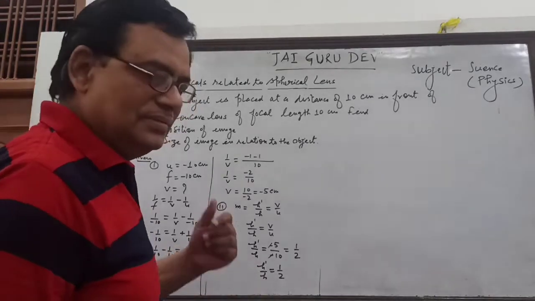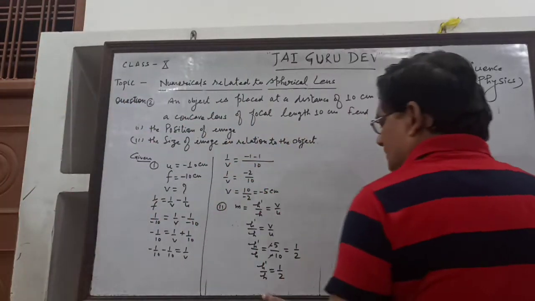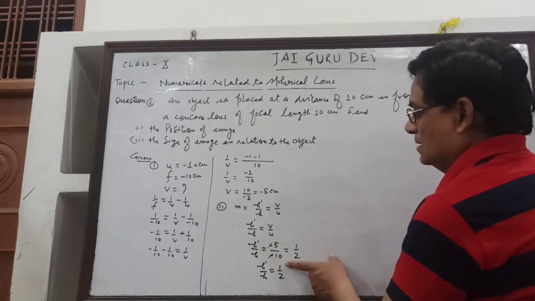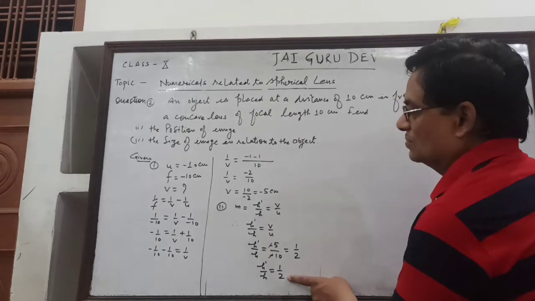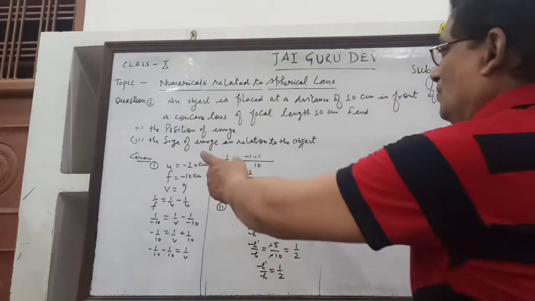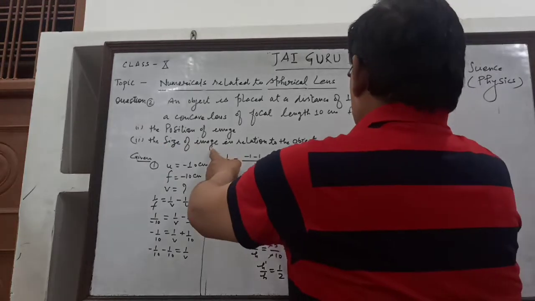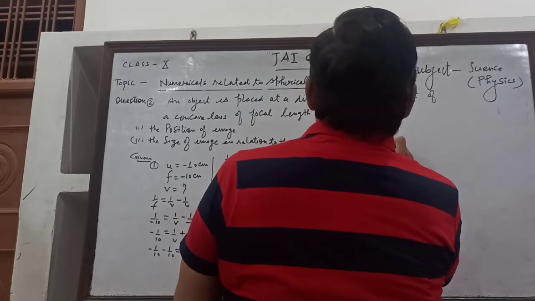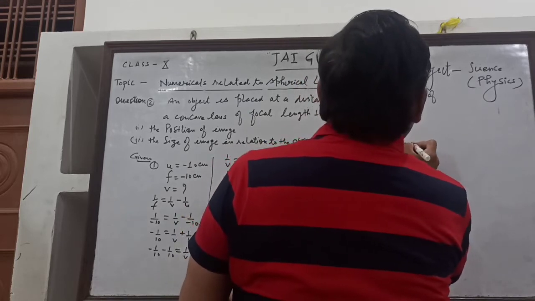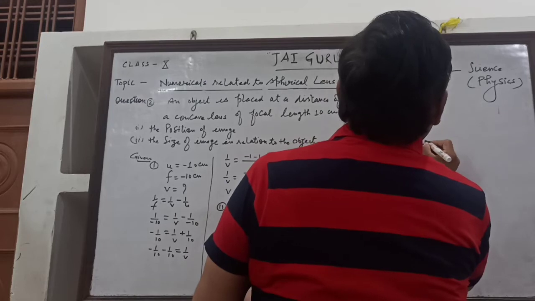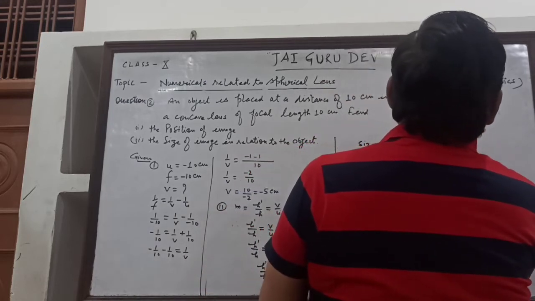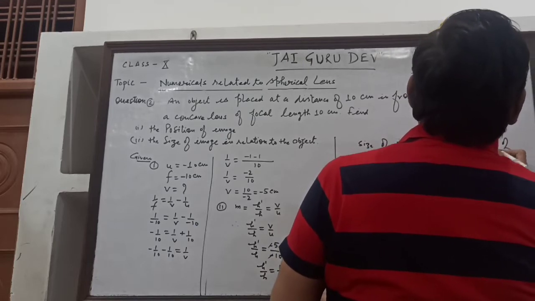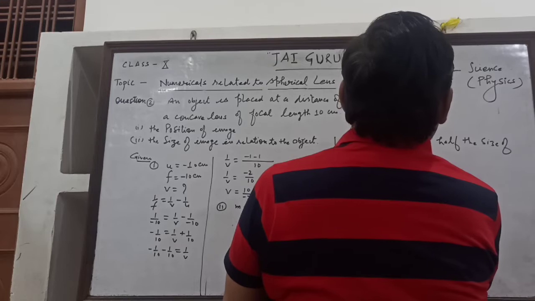So what will we conclude? That size of the image is half the size of the object. So your answer will be: size of image is half the size of object.